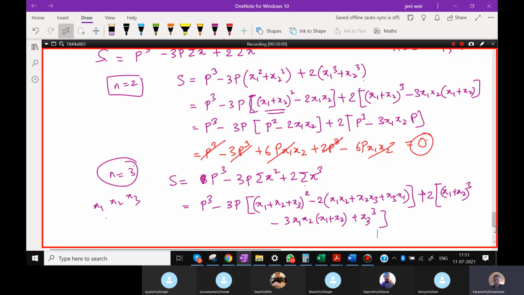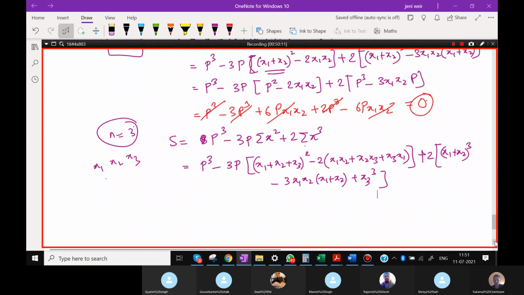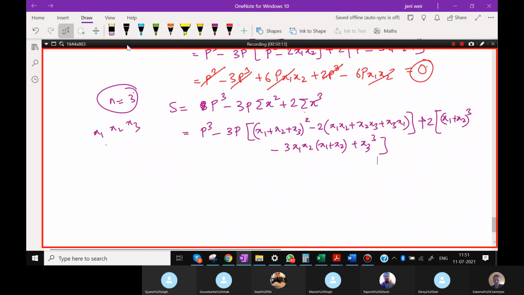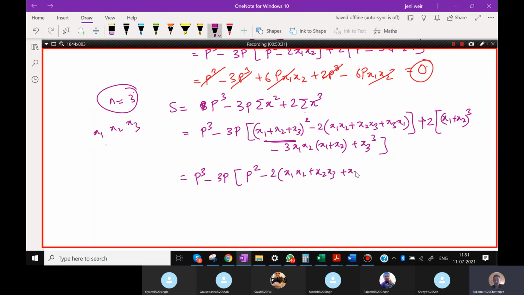So that will be p cube minus 3p into, this is p, so p square minus 2 into x1 x2 plus x2 x3 plus x3 x1, plus 2 into x1 plus x2 whole cube plus x3 whole cube.